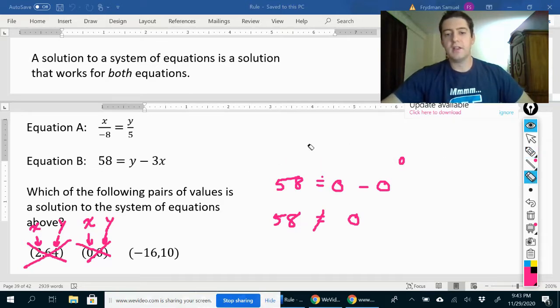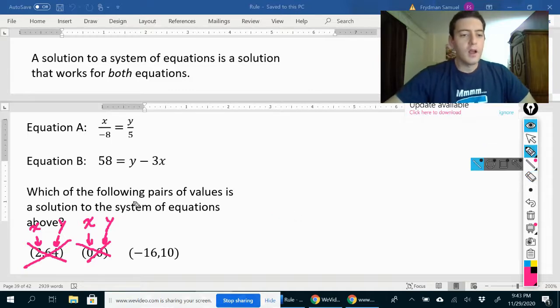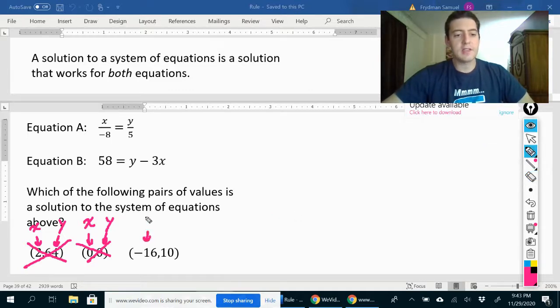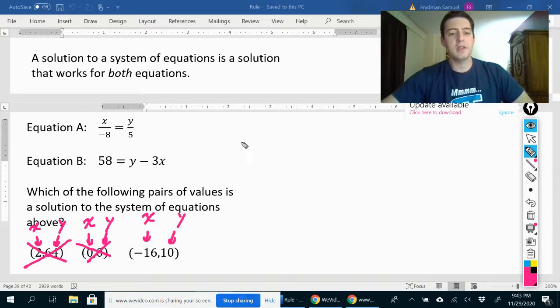All right, and let's look at our last example over here. So our x is -16, our y is 10. Let's plug it in here. I'll replace the x with -16. It gives me -16 over -8. I want to know, is that equal to 10, which is my y value, over 5?